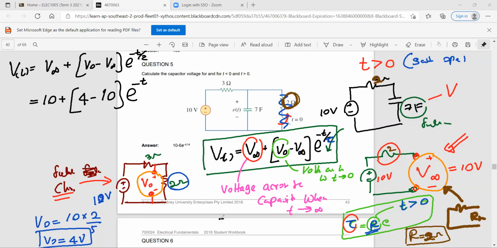Tau is 2 times 7, isn't it? 14. So you can write this as 10 minus 6 e to the power of minus t over 14.